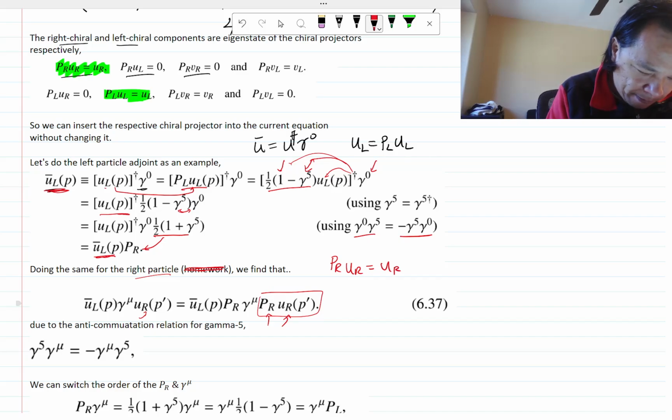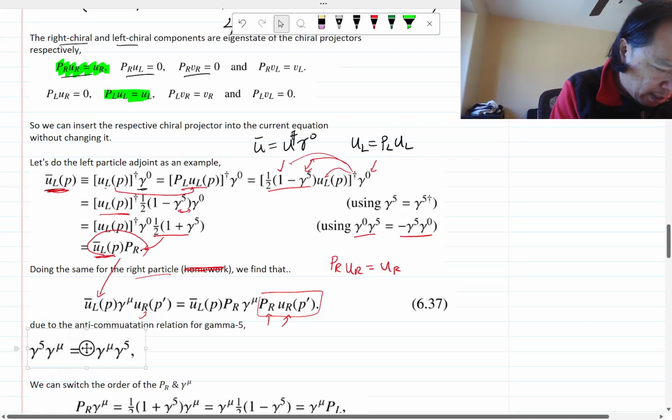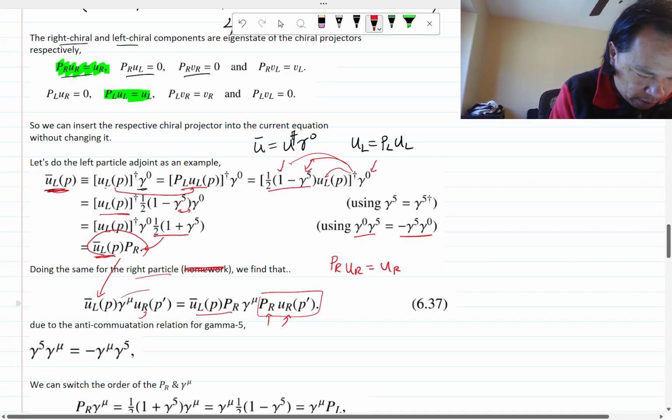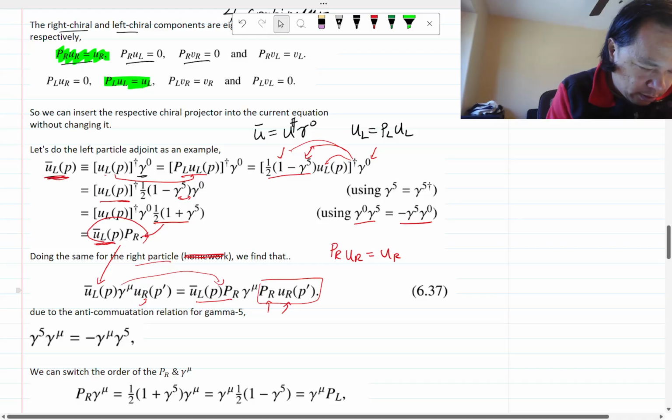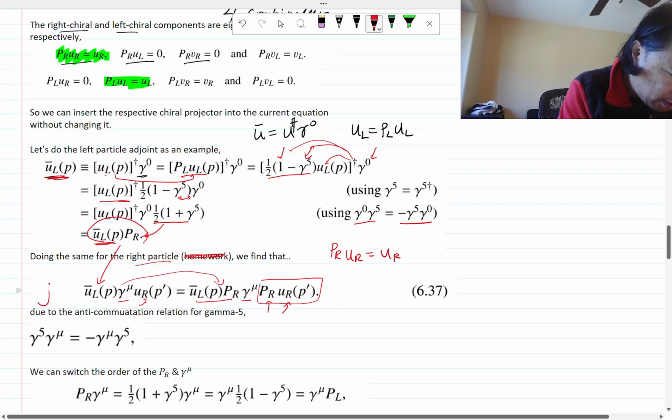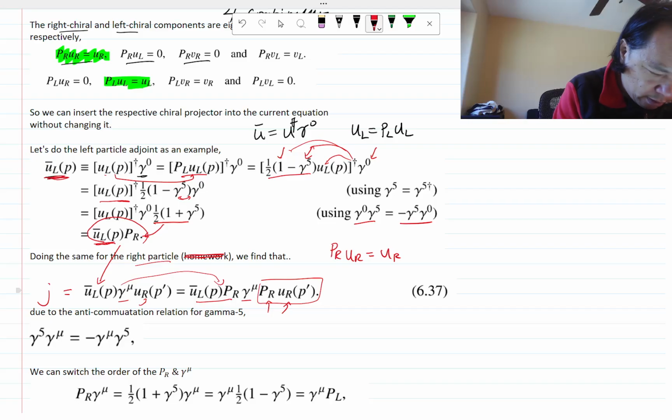But using the result from up here, now we can plug in. We can replace UL adjoint with UL adjoint PR. So that's exactly what happened here. You still have this gamma matrix between the two for the current. Remember, this is J of some particle. This is the current that we found up here.